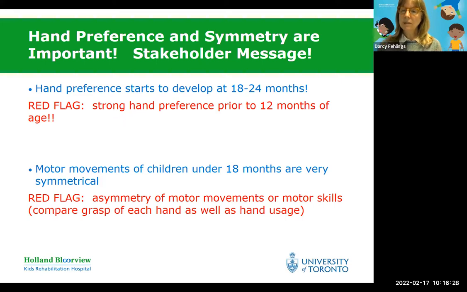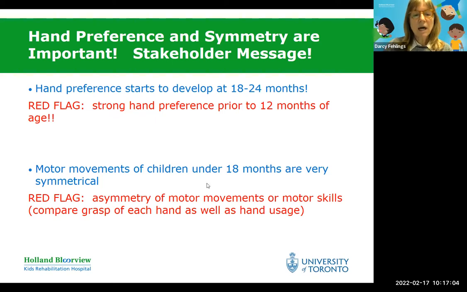So it was very important to them that the diagnosis be made early, and they received a connection to early intervention services. So hand preference starts to develop at 18 to 24 months of age. So a red flag for clinicians to be aware of is any strong hand preference prior to 12 months of age. So just referring back to our case study of John, who presented with the hand preference at 9 months.